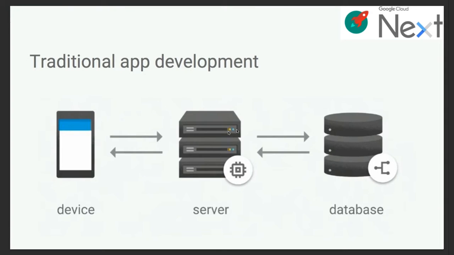Before we can talk about Firebase, let's quickly talk about traditional app development. In traditional app development, we have the client, which can be a web app or a mobile app, Ionic or iOS, Android, anything. And then we have the server, which is essentially the API which the device communicates with.